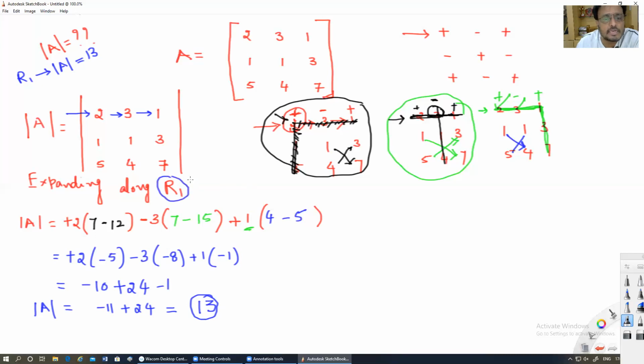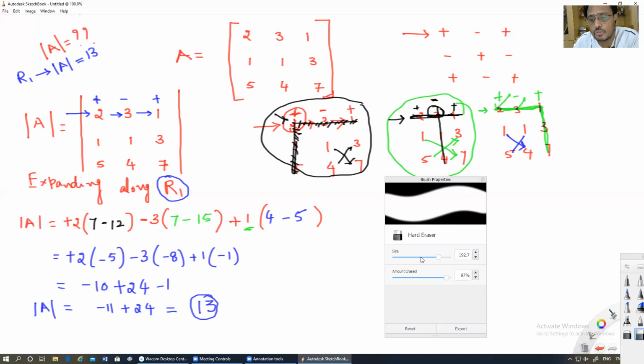Row 1 means start with plus sign, minus sign, plus, that's all. Afterwards we can go for the next one. So take down determinant of A is equal to 13, we got it.